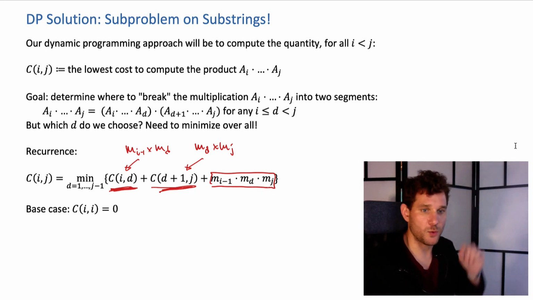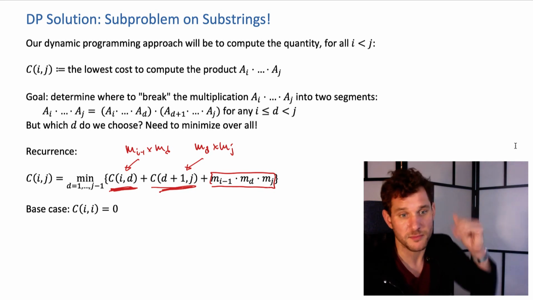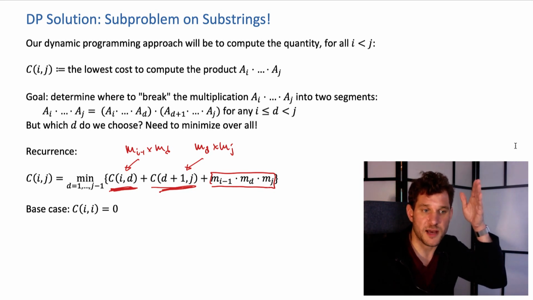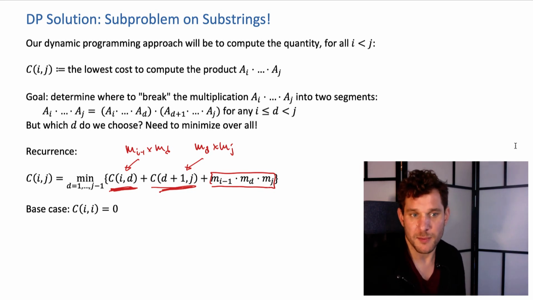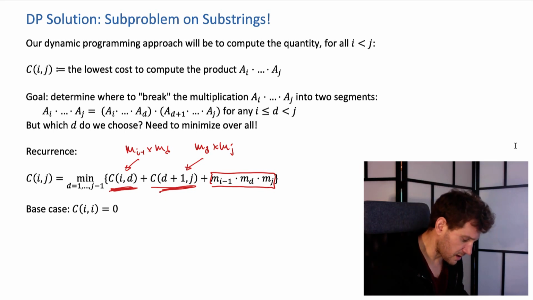Because every time you want to fill in an entry in the final matrix, you're going to have to do an m sub d sized dot product, and the resulting matrix is going to have size m sub i minus 1 times m sub j. So you end up getting a running time of m sub i minus 1 times m sub d times m sub j.